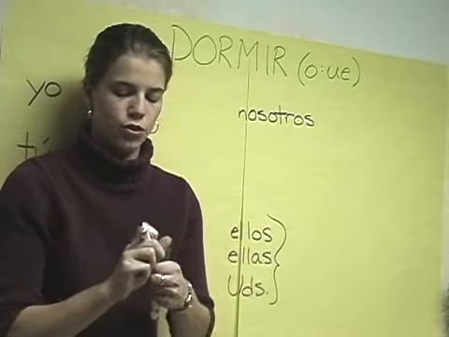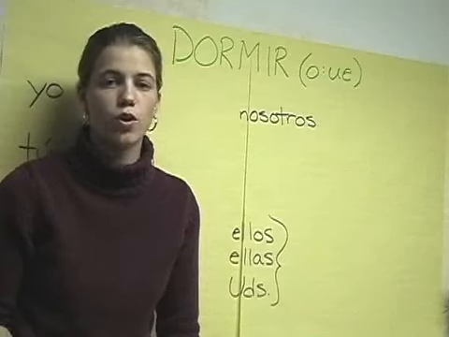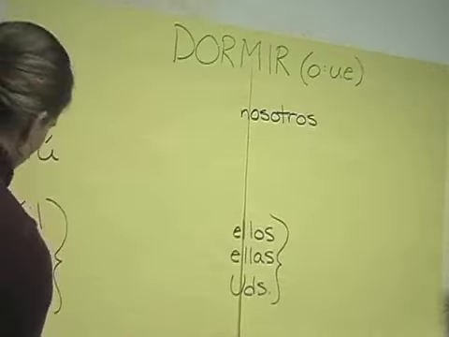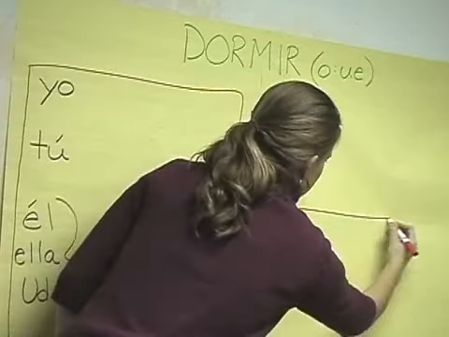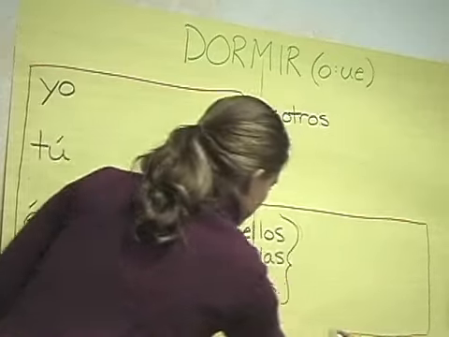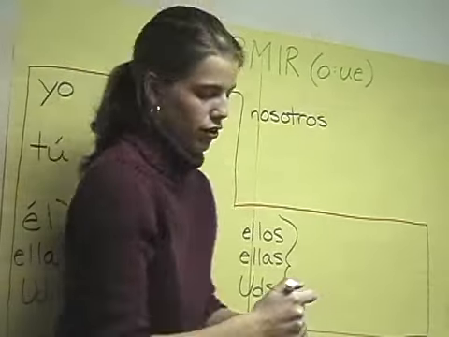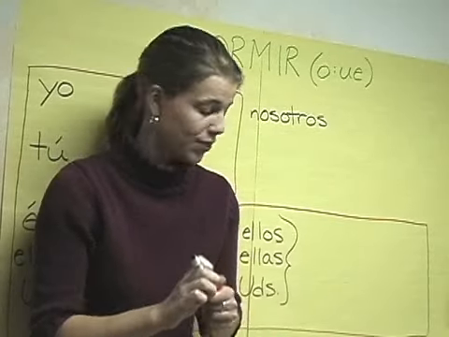So the first thing that we do is we draw our shoe, since this is a stem changing verb, or a shoe verb. So we're going to draw our shoe around these pronouns. A funny looking shoe, but trust me, it helps. Alright.